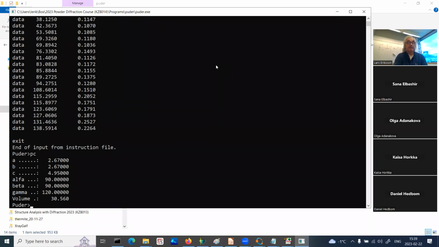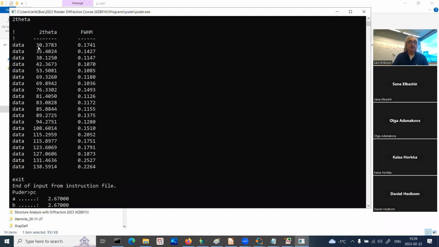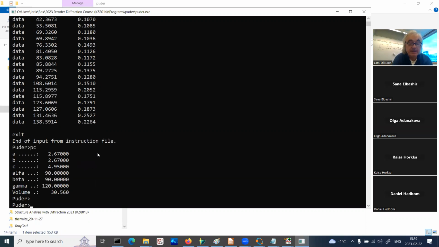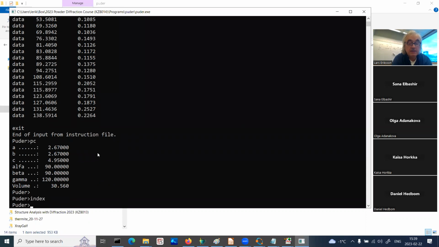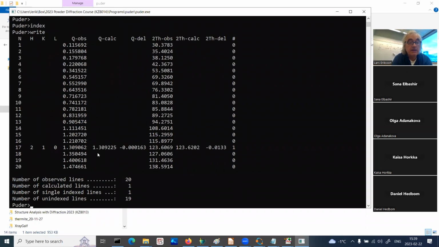So we get a diffraction pattern. It looks quite okay. A lot of peak positions and quite not very thin peaks, but quite thin. So if we index this and write out the data, nothing except number 17 is indexed, which is very strange.